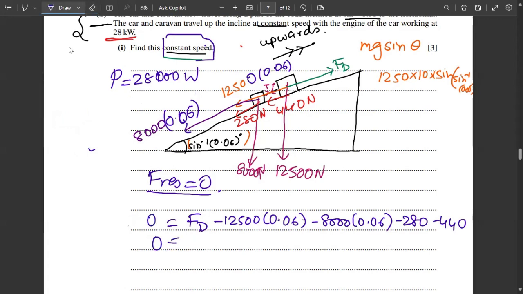If I add everything, the answer I'll get is minus 1950, so the driving force is 1950 newton.